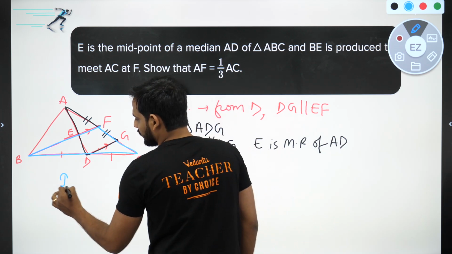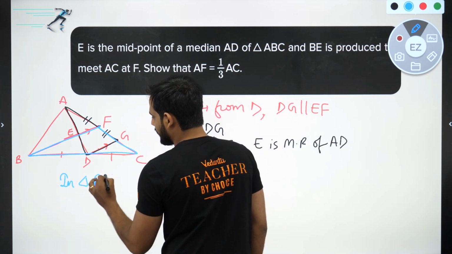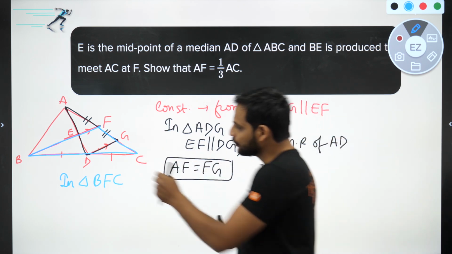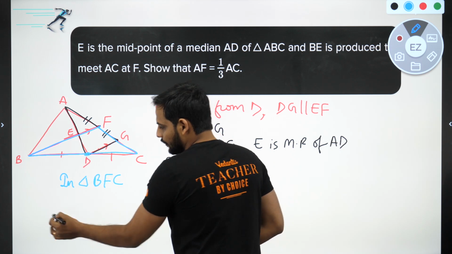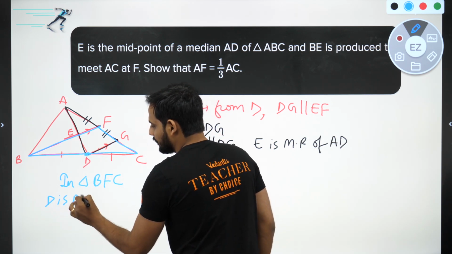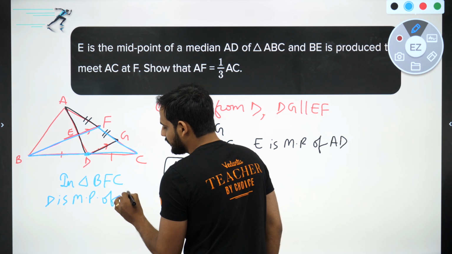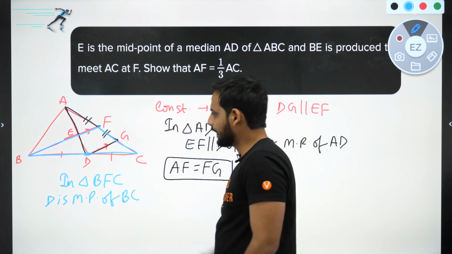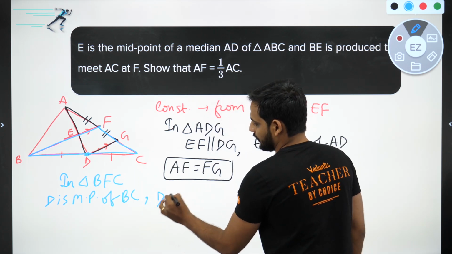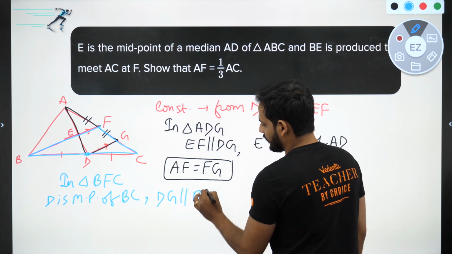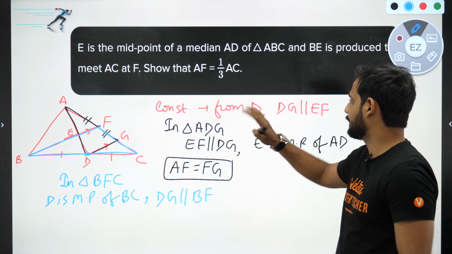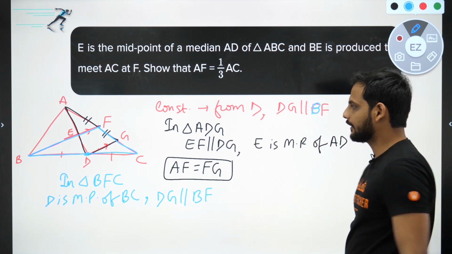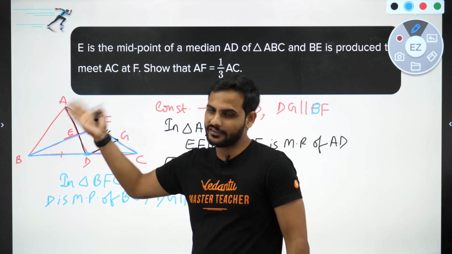In triangle BFC, D is the midpoint of BC because AD was a median, right? And DG is parallel to BF according to our construction. B, E, F is a straight line, right?